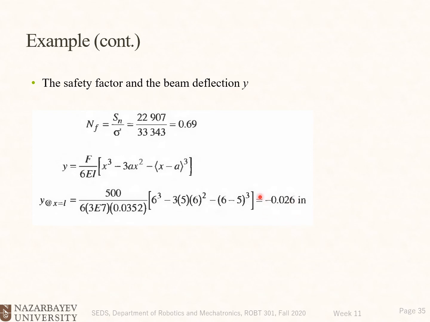And you see even this one exceeds our limit. So what should we do? We should go back to the first steps and change our tentative geometry and material. There is no other way around.